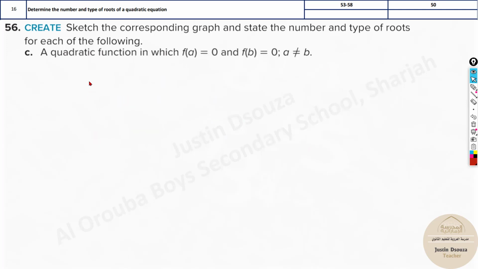That's it. Now, quadratic function in which f of a is equal to 0 and f of b is equal to 0 and a is not equal to b. Now, it depends what you substitute, but these two values are different, but when you substitute both, they are equal to 0. In such case, you are getting a solution over here. Now, let me just draw the graph.